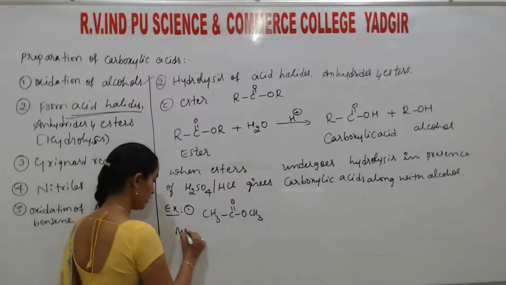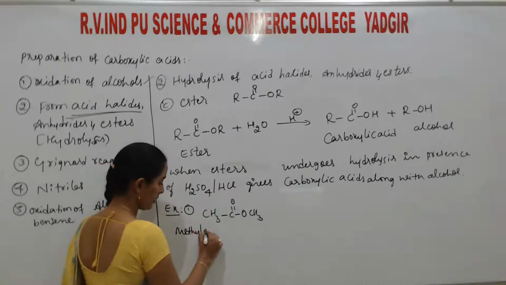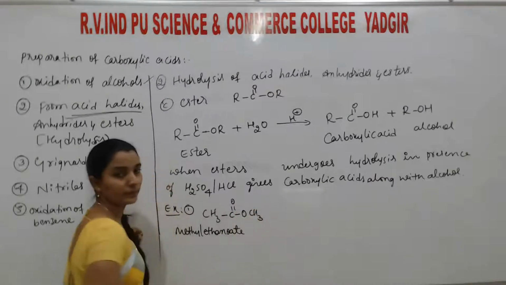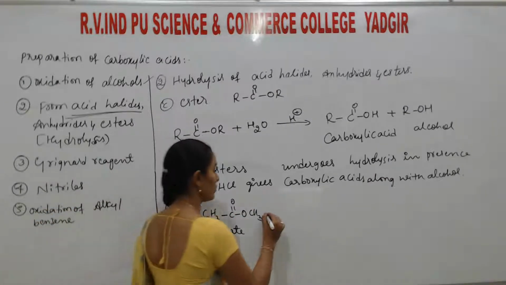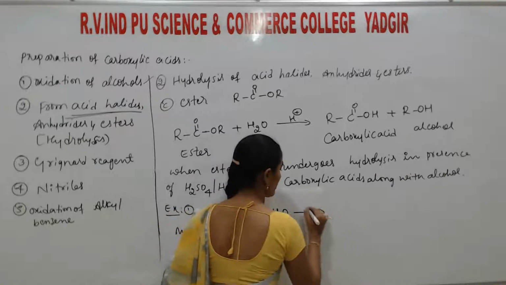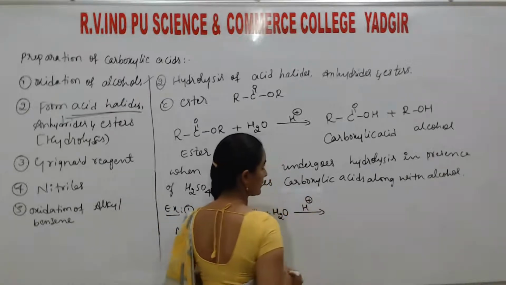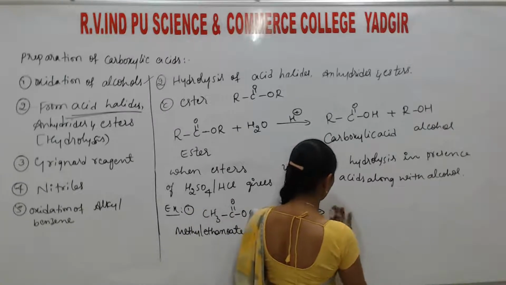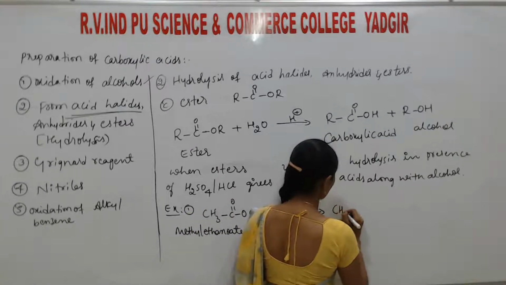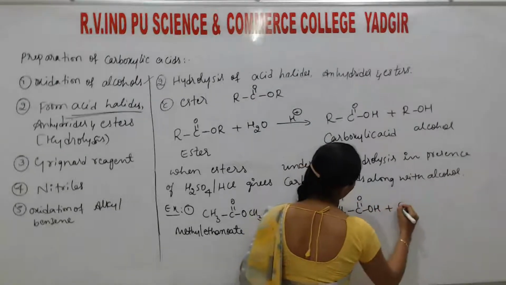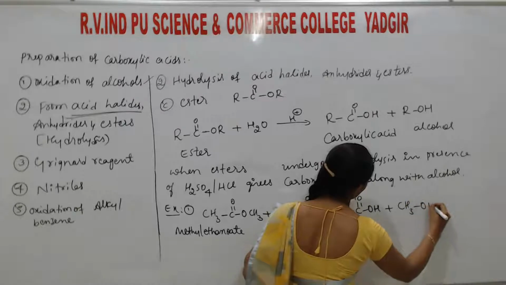Right, here this is methyl ethanoate, which undergoes hydrolysis in presence of H plus and gives CH3 C double bond OH plus CH3OH.